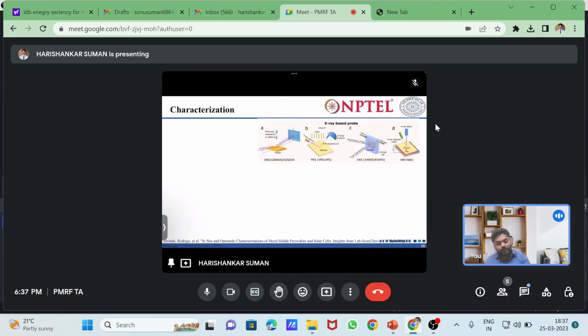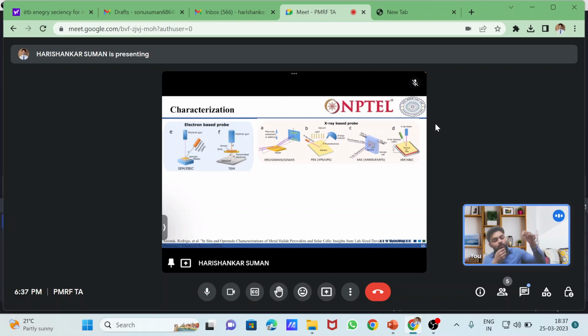And characterization. Any research cannot happen without characterization. So characterization is an important step for research. X-ray based characterization like XRD, XPS, UPS, XRF, and electron based probes.